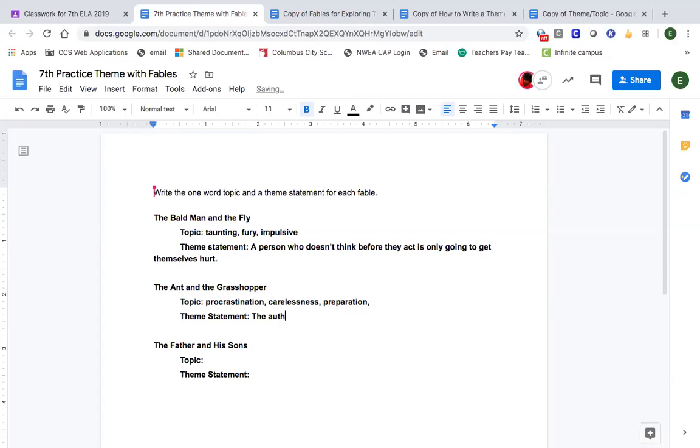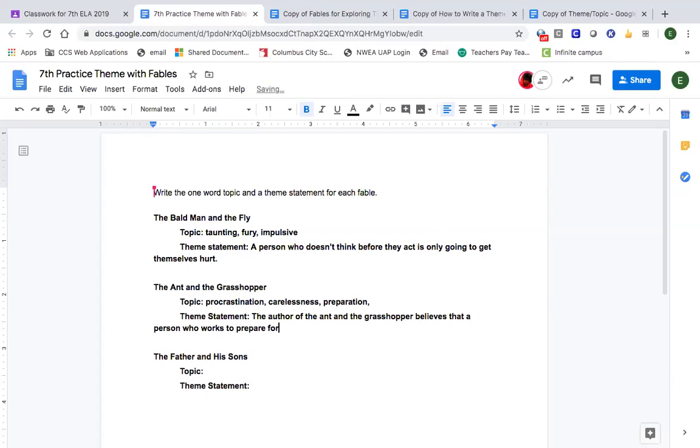So the author of The Ant and the Grasshopper believes that a person who works to prepare for the future will be more successful than the person who sits down, who procrastinates.